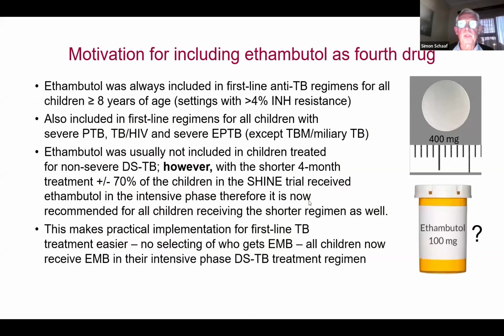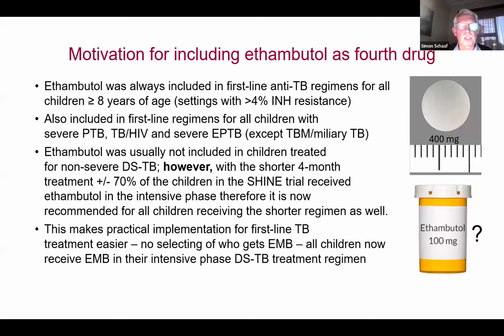So why Ethambutol as a fourth drug in all children on intensive phase treatment? In the past, Ethambutol should have been included in all children older than 8 years of age, and I've often seen that it wasn't, and it is actually an incorrect way of managing these older patients.